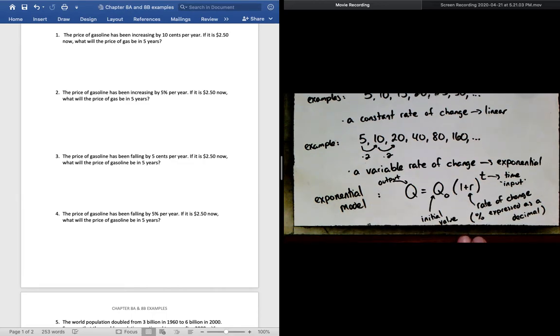And now that we have everything labeled out for the exponential model and the linear model, we can begin to do these examples that we have over here on the left.